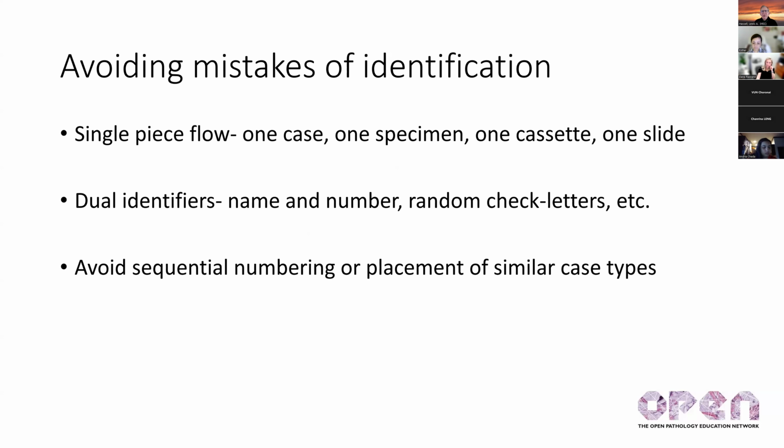You're not batch labeling your slides and then doing multiple sections on every block and so forth. Additionally, using dual identifiers for various patients is also very valuable and a way to make sure that you've double identified the patient.